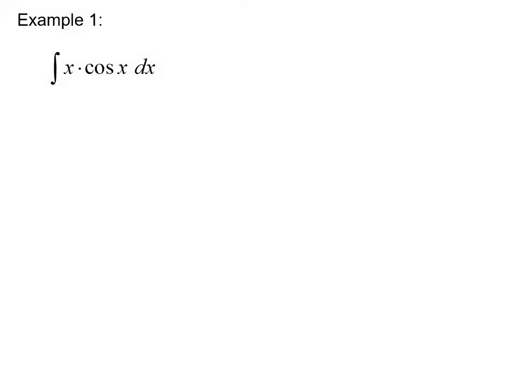Now this question: the integral of x cosine x. We can't integrate this function directly, so we discuss how to use integration by parts for this problem. Now we will choose u. We have LIPET, as we said before.